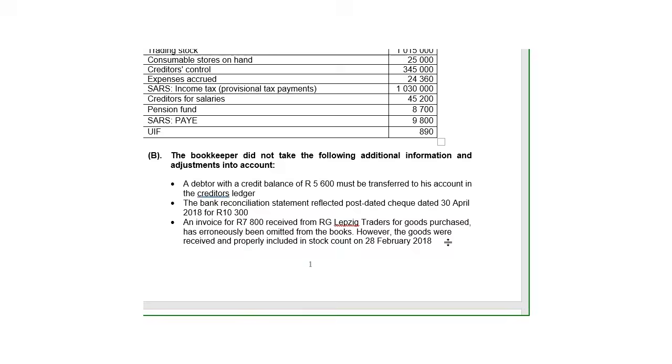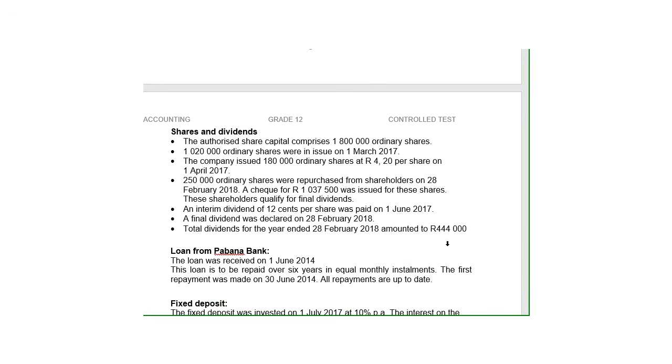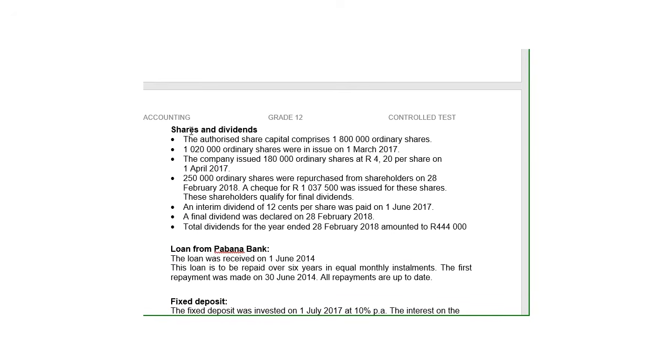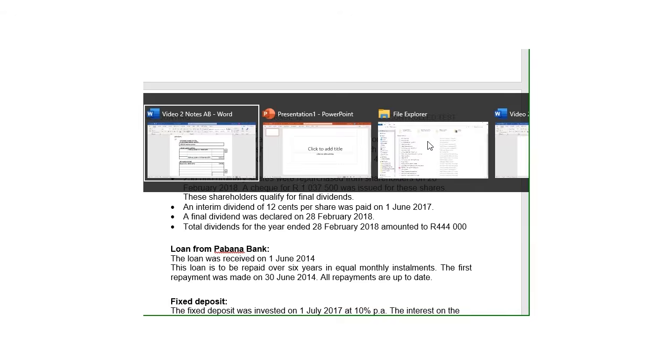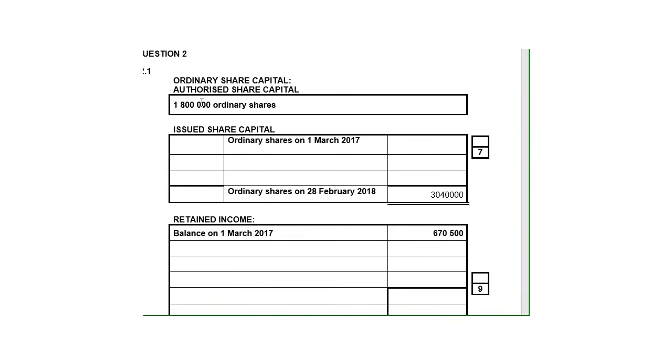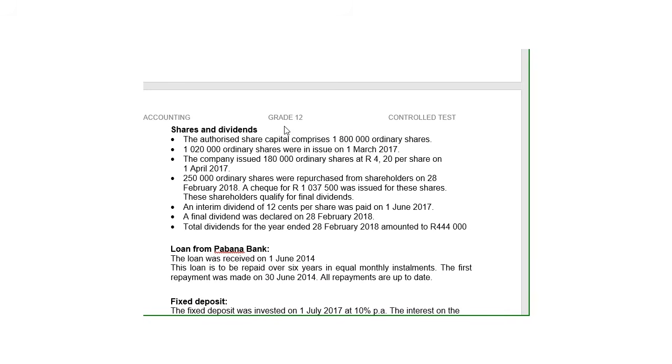Now I must go down to the information and look for anything to do with shares. There it is. First thing they tell me, authorized share capital. It's got nothing to do with values. It is just that first part, and it is 1.8 million. It's already printed there, but if it wasn't, I would simply put it in. Only number of shares.